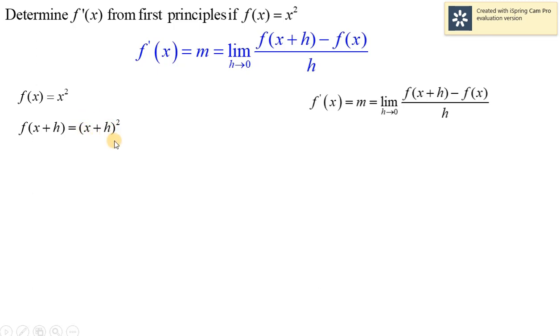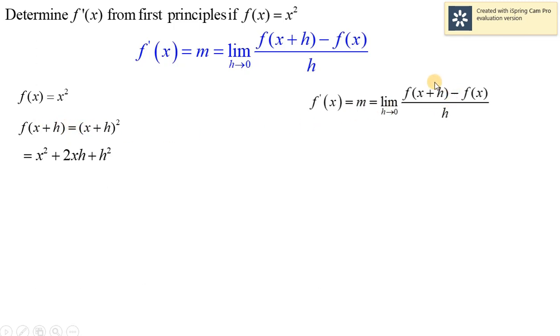Next step, I simplify this, and you know how to go about doing this. You do the first term, square it, multiply all around, x times h times 2, and then the last term squared. This gives you x squared plus 2xh plus h squared, which now means I know the value of f of x plus h.